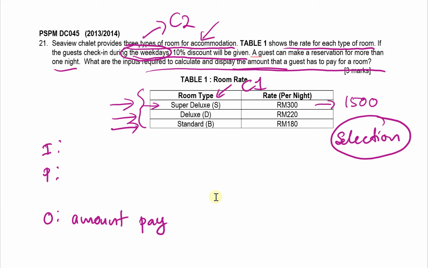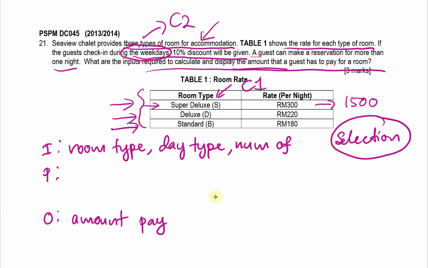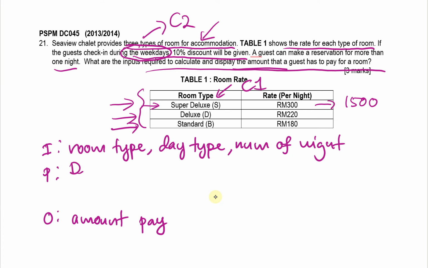So now, how about the input? So of course, the input is room type, then what else? So day type, whether it is weekday or weekend, and the last one is number of nights. So this is the input, right? Okay, next, how to write the process. So what are you going to determine?